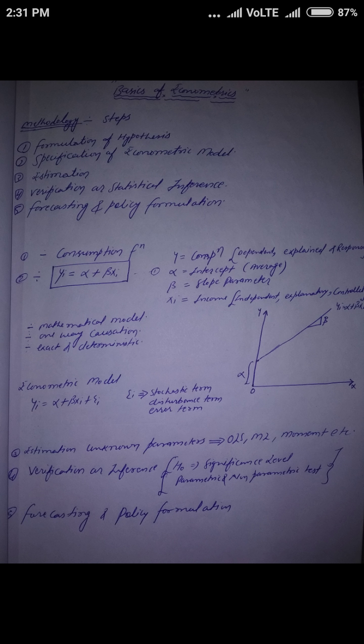If consumption depends on income, then it is an educated guess and it is an assumed phenomenon. And to quantify it, we need the specification of that hypothesis or that hunch of knowledge. So the next step is the specification of an econometric model.